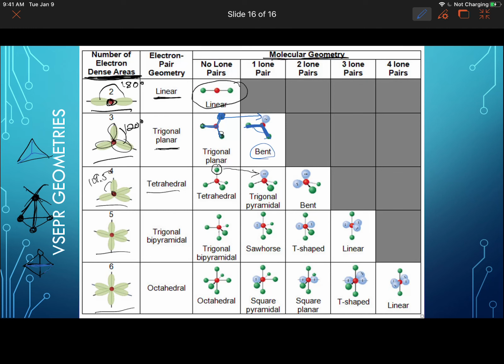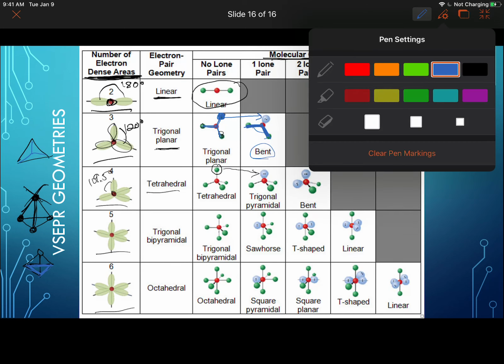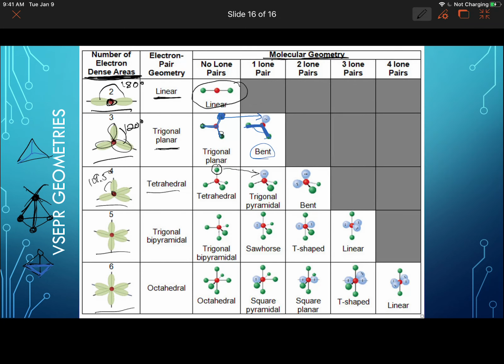We have a triangle base right here, and it forms a pyramid shape. So that's why it's called trigonal pyramidal, where our central atom is up right here, and all of our atoms make what looks like a triangle-based pyramid.